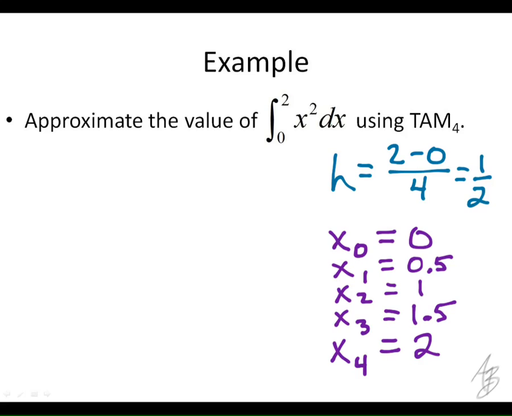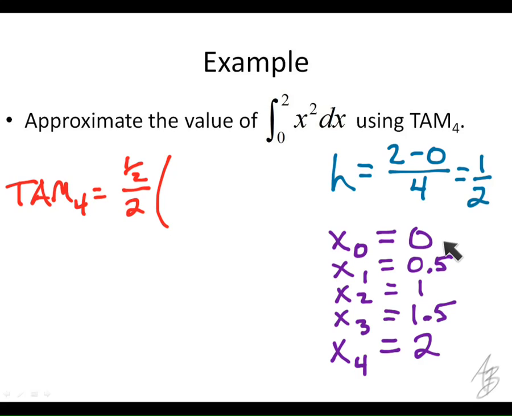So just plugging in what we know into the formula for the trapezoid approximation method, we get that TAM4 is going to equal h divided by 2, so 1/2 divided by 2, times y0.